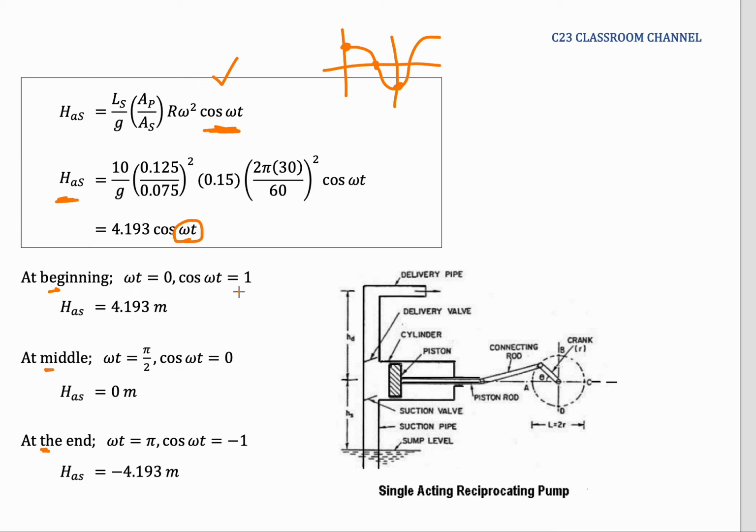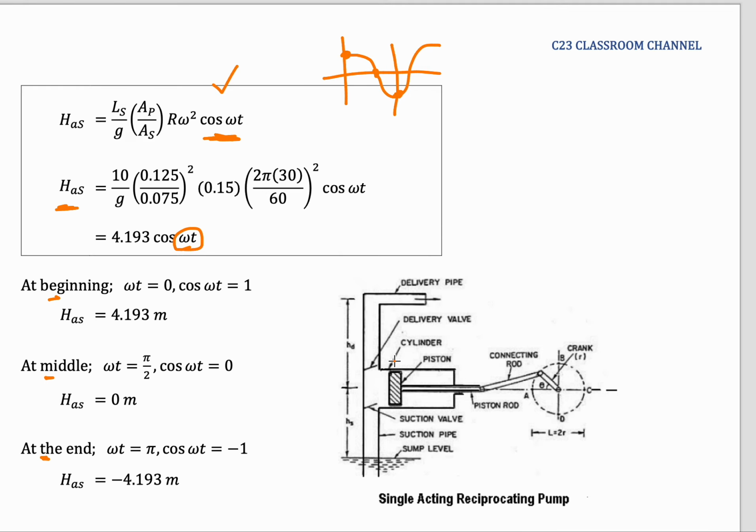So at the beginning, you really need to understand the situation. In this question, we are asked to calculate the acceleration head for the suction part. The suction part starts from this point. So the piston moves to the right side.